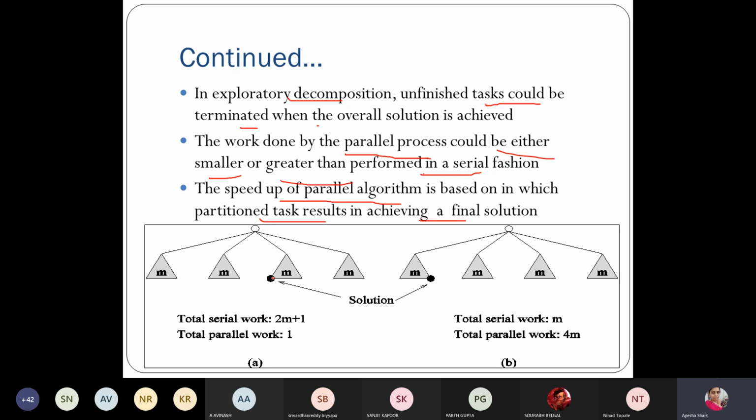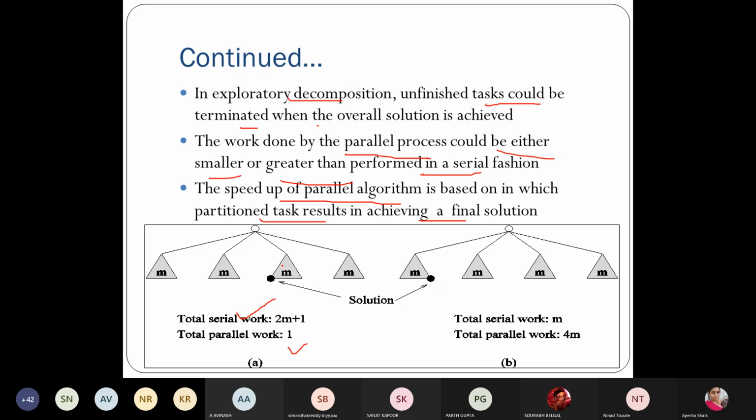Here, if the dot is shown in the triangle front side, that means we have achieved the solution in the beginning, at the start of the work itself. But if we are getting it in the triangle right side, that means at the end of the work we are getting the solution. So like this kind of scenario, the serial work and parallel work can be completed.